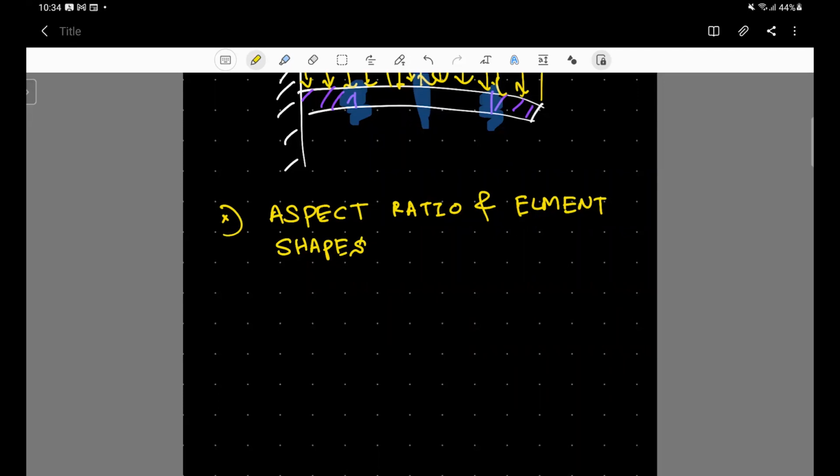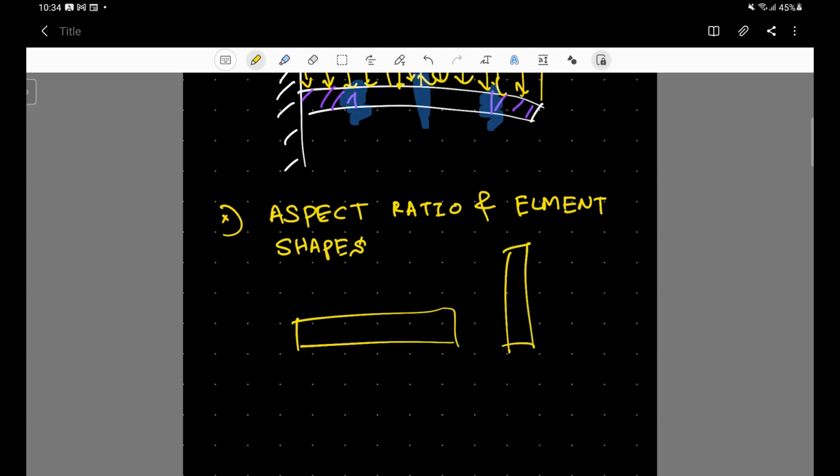Of course, you can use large elements having large aspect ratios, depending on the problem, and which will also provide accurate results if there are no drastic changes in the problem.